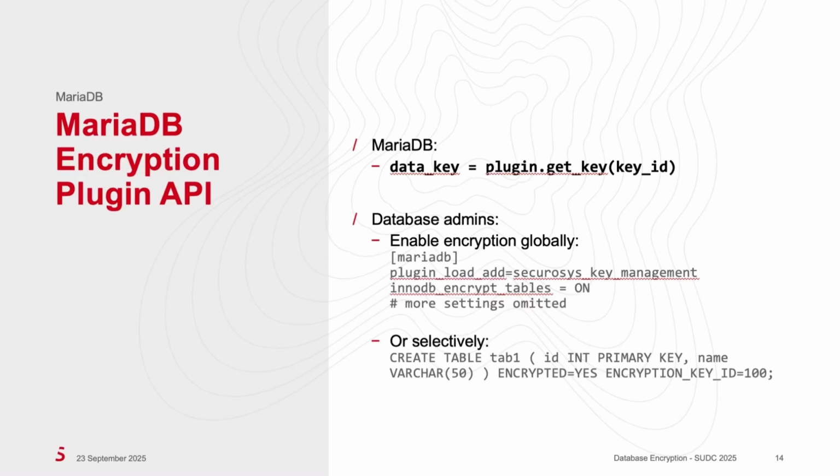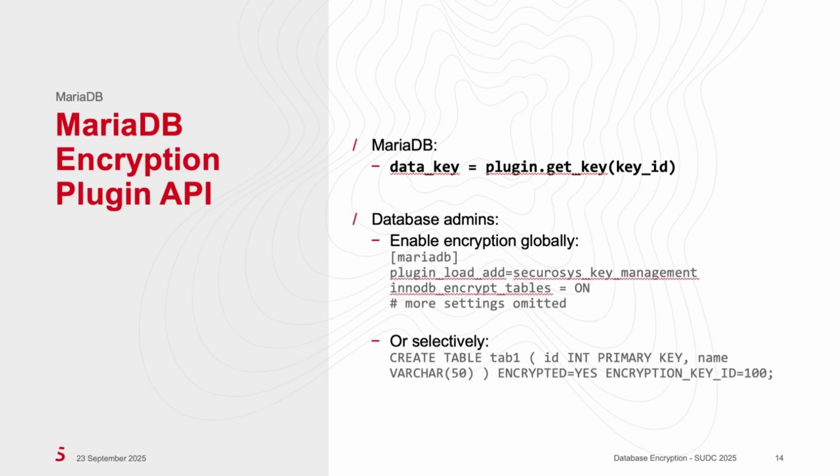From the point of view of the database administrator, it's also very straightforward. You just load the plugin, and you tell InnoDB, which is the storage engine, or one of the storage engines underlying MariaDB, please encrypt the tables. And then there's also innodb_encrypt_logs, where you can configure more things.